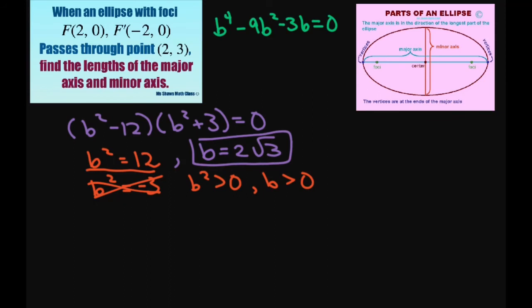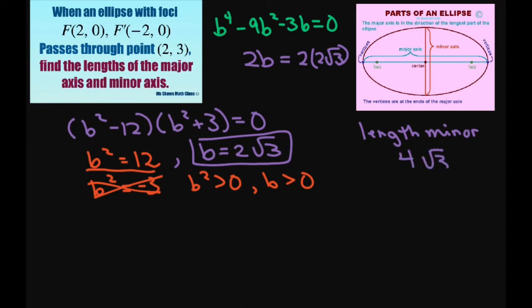Therefore, the length of the minor axis, remember this is your minor, is going to be 2b. So 2b is just going to be 2 times 2 square root of 3. So the length of the minor axis is going to be 4 square root of 3.